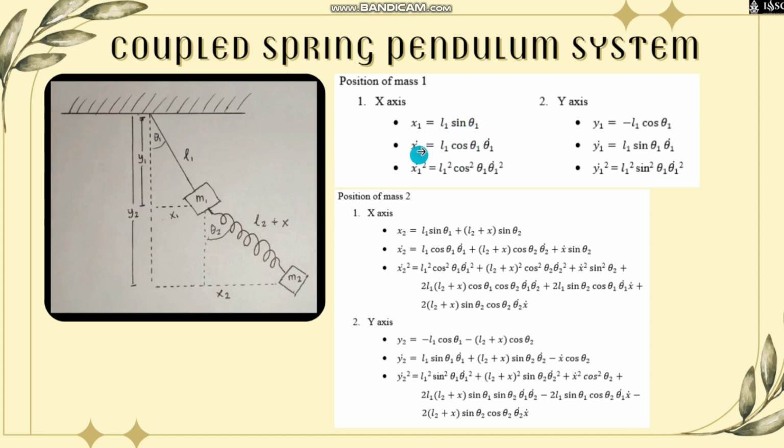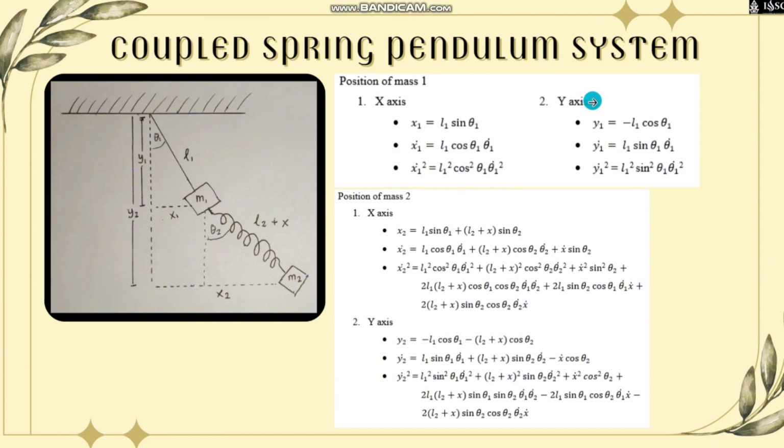If we differentiate this with respect to time, we have x1 dot, which is equal to L1 cos theta 1 dot. If we square this x1 dot, it equals L1 squared cos squared theta 1 times theta 1 dot squared.